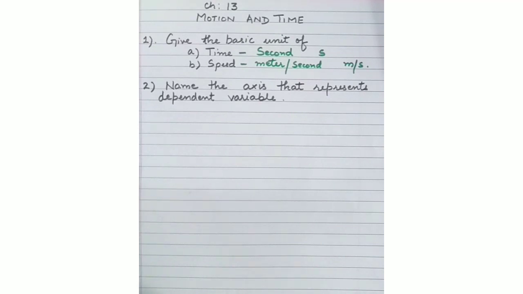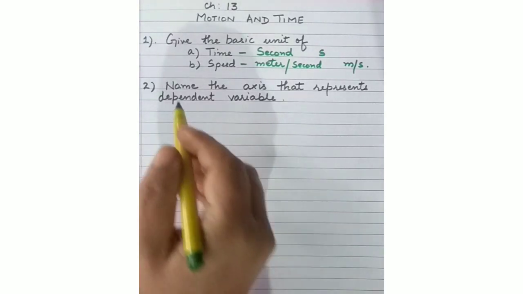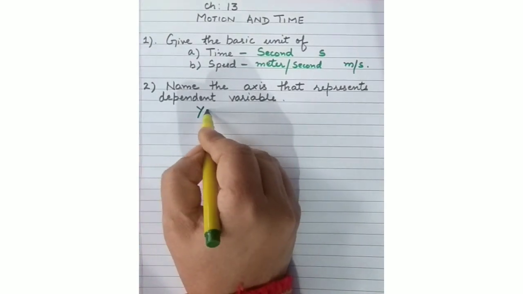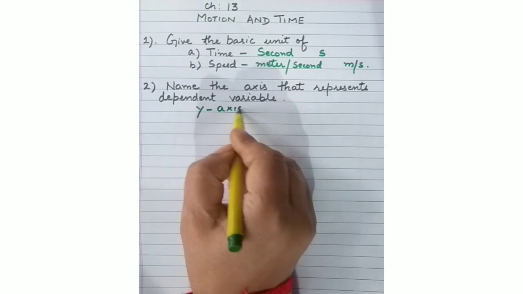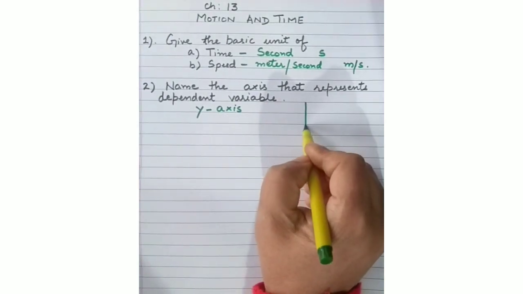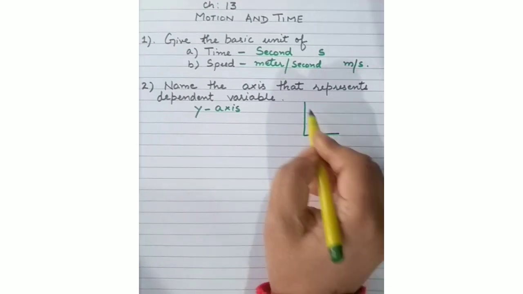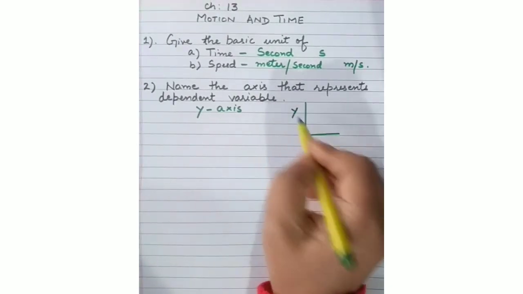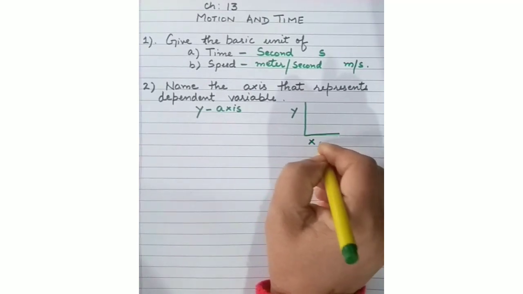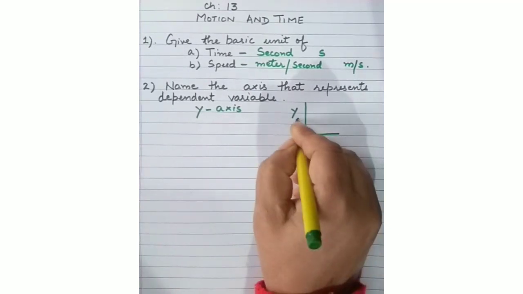Okay, so here you have to name the axis that represents dependent variable. So dependent variable is what? Y-axis. Okay. To understand, this is the y-axis vertical and this is the x-axis horizontal.